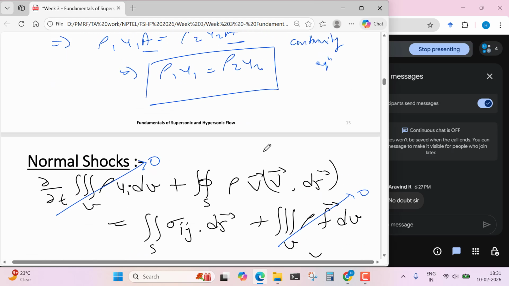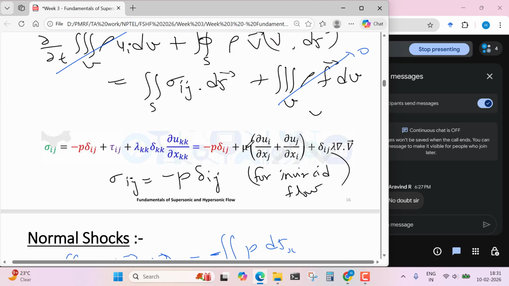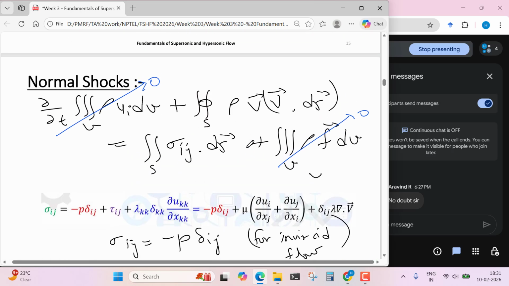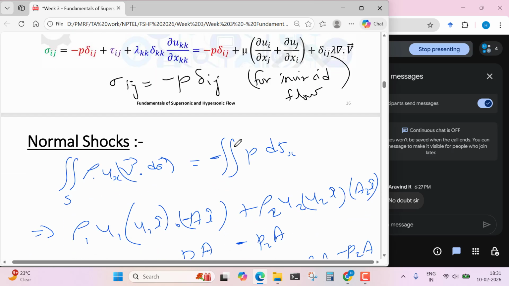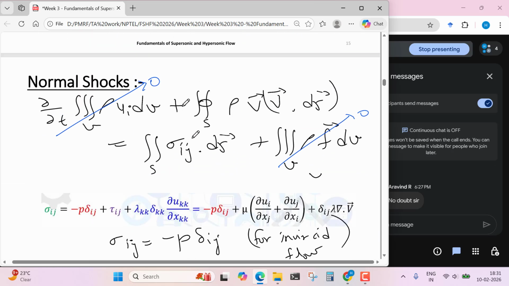Now we will see the momentum equation. For the momentum equation we only need to see the x momentum equation. ∂/∂t of the triple integral of ρ U_i dV plus the double integral of ρ V dot dS equals the double integral of σ_ij dot dS plus the triple integral of ρ f vector dV.